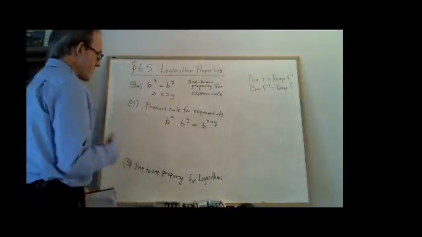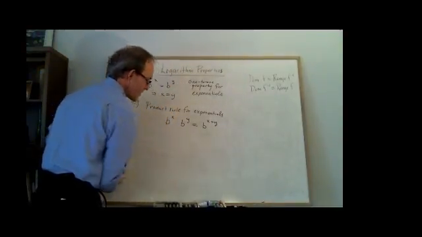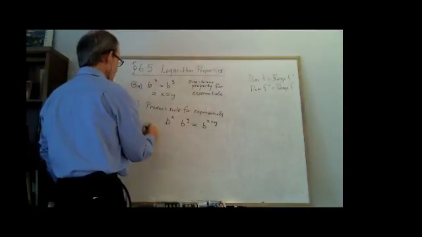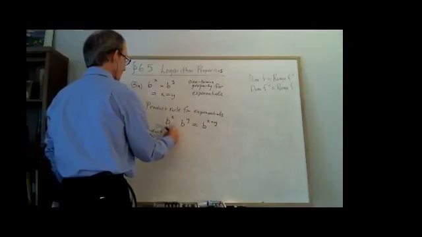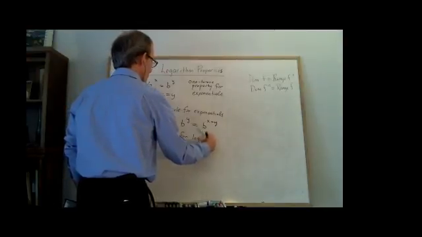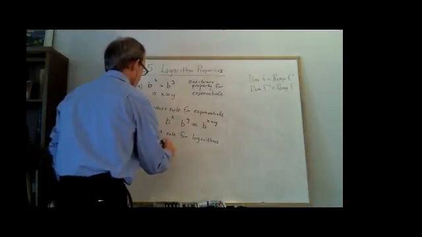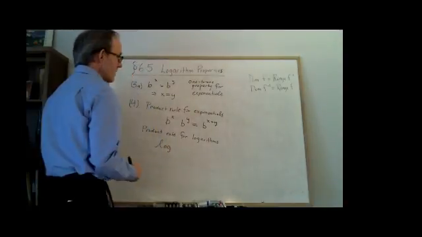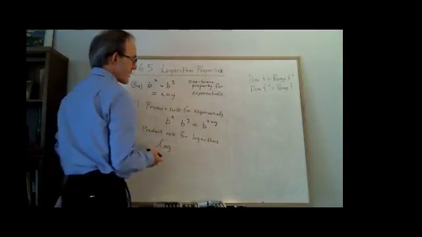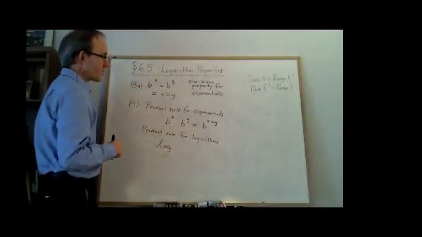But we could now see how this works for logarithms. So the corresponding rule for logarithms is called the product rule for logarithms. And the idea is when we look at x plus y, that will correspond to a logarithm.